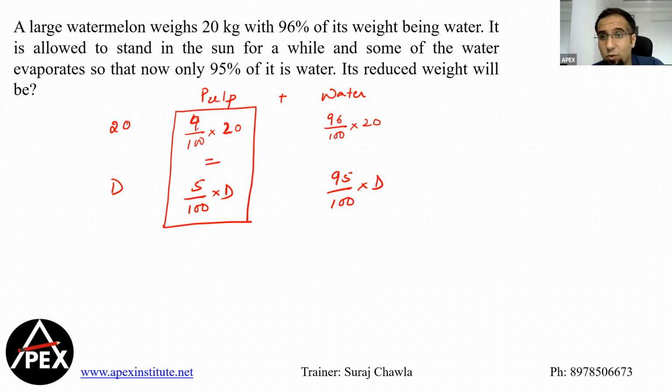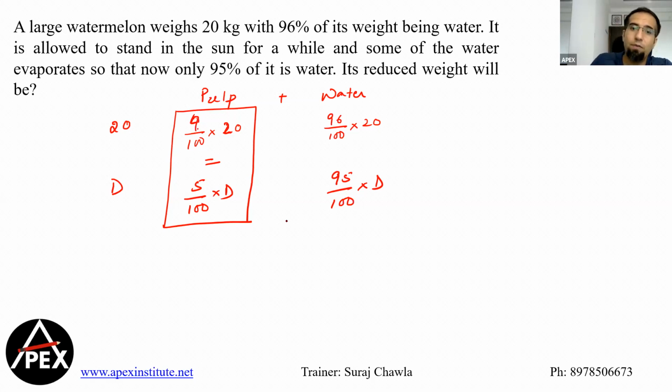I'm sure you guys are science students, so you should be able to understand in a better way. When salt water is left in the hot sun, it's only the water that gets evaporated. The salt component remains the same. Similarly, when I have a pulp and water, if I leave it in the open air, it's only the water that gets evaporated. The pulp component remains the same.